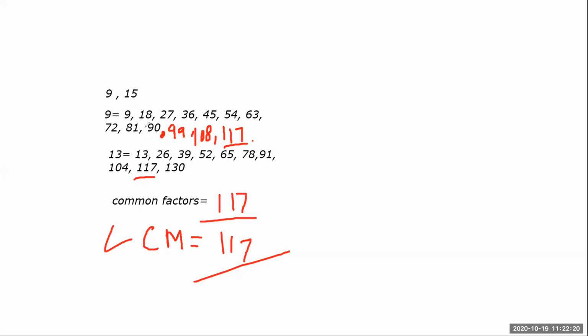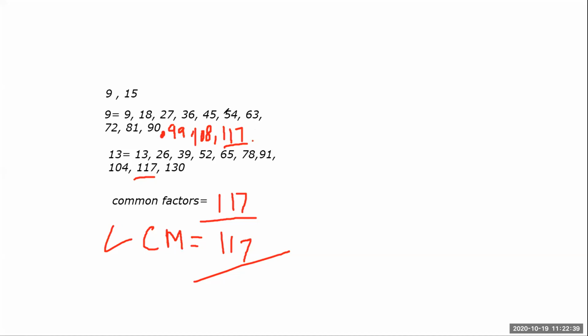Then we found no common multiple there in between 9 and 13. So what we did, we again multiply the table of 9 by 11. 9 tens are 90, so 9 11s are 99, 9 12s are 108, 9 13s are 117.